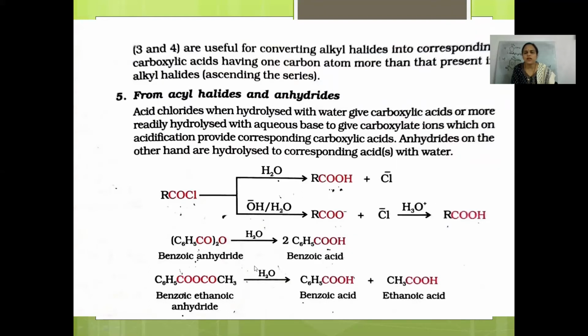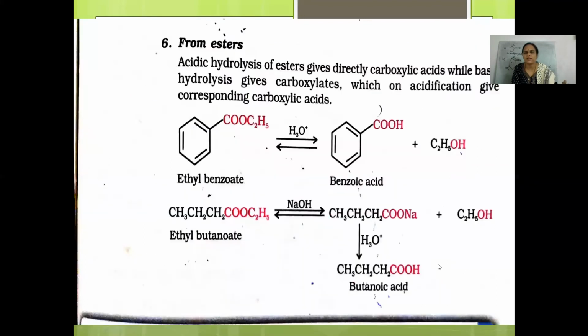Then benzoic anhydride undergoes hydrolysis and results in the formation of benzoic acid. Also, benzoic ethanoic anhydride undergoes hydrolysis and gives benzoic acid plus ethanoic acid. So these are the methods of preparation of carboxylic acid from acyl halides and anhydrides.